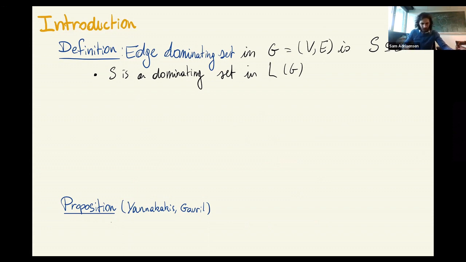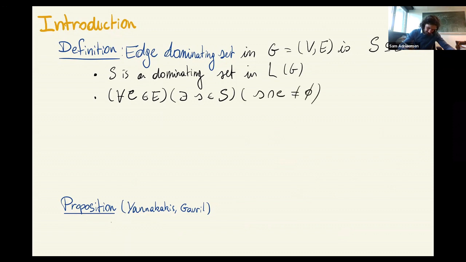If you take an edge E, there will always be another edge which shares at least one vertex with E. So another way to define this is for any edge E, there exists an edge in your edge dominating set S such that S and E are not disjoint to each other.